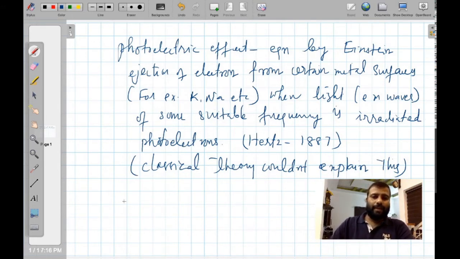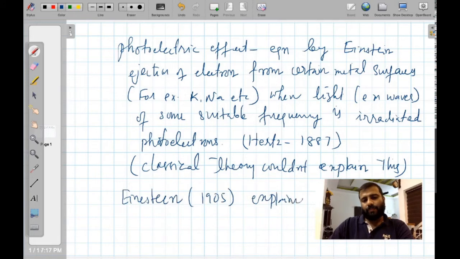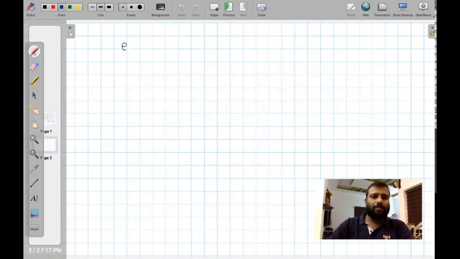So we require a new theory, which was put forward by Einstein in 1905, who explained this photoelectric effect. For that, he introduced the concept that electromagnetic waves contain packets of energy.